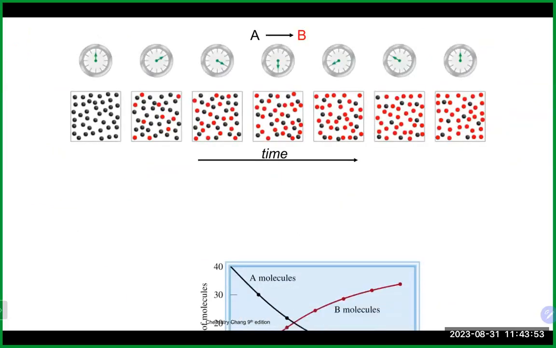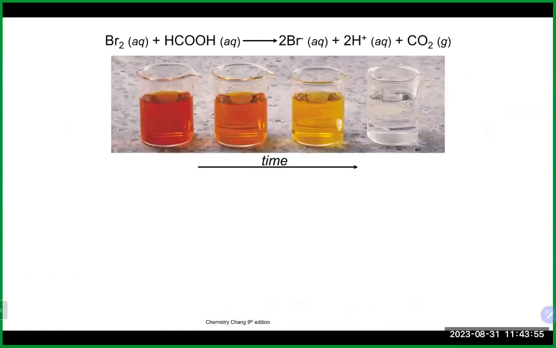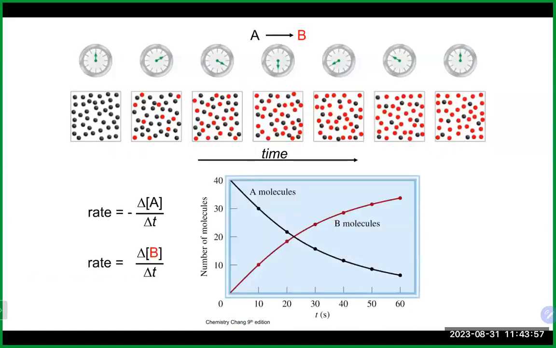So with that being said, there's a couple ways that we really can follow kinetics in a reaction, but a lot of times we like to see a lot of graphs and diagrams in this chapter. Here we have A going to B, A represented by the black circles and B represented by the red circles. And we can see at time 0, at the very start of the reaction, we basically have all reactants, right? They're pretty much all the reactant ones.